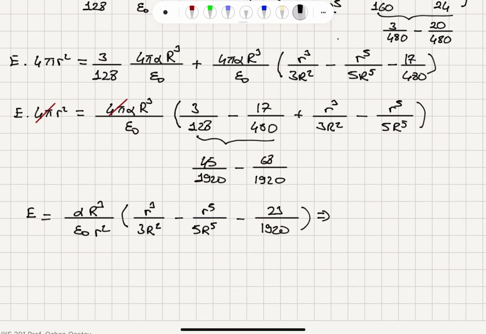Okay, and then we have r cube divided by 3 capital R cube minus r to the fifth power divided by 5 capital R to the fifth power minus 23 over 1920, and all of this is in r hat direction.